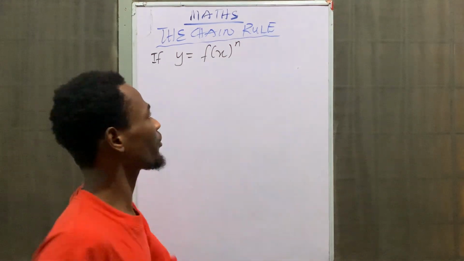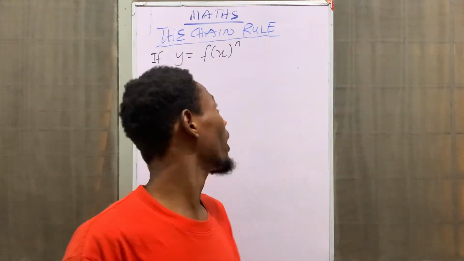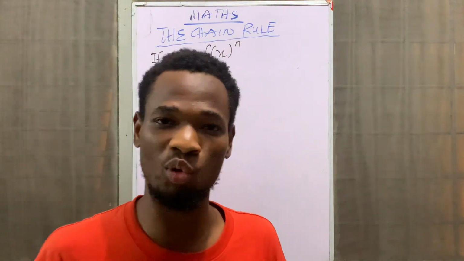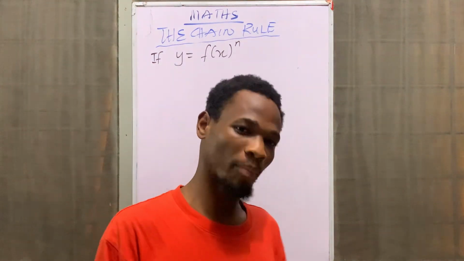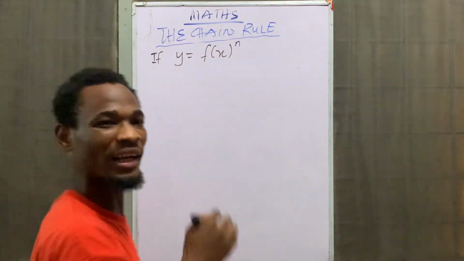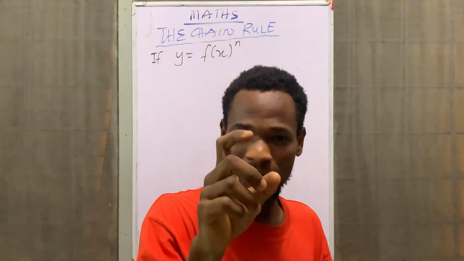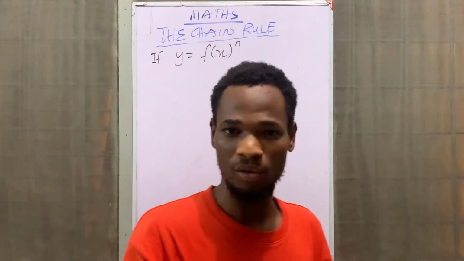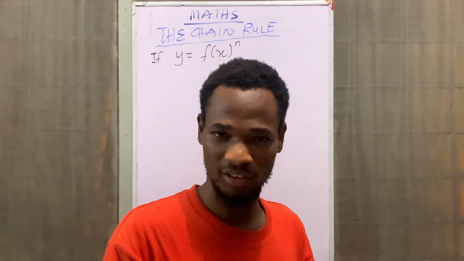So I said when you have y equals f of x to the power n, now I will let a variable of my choice represent the inner function. Are you okay?